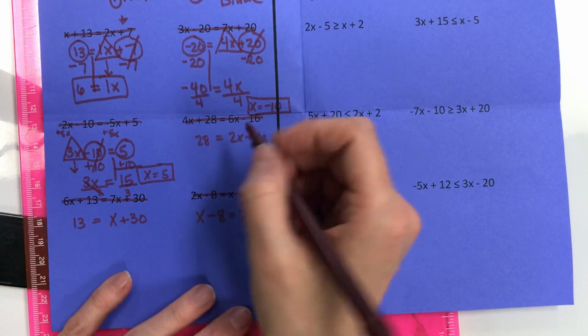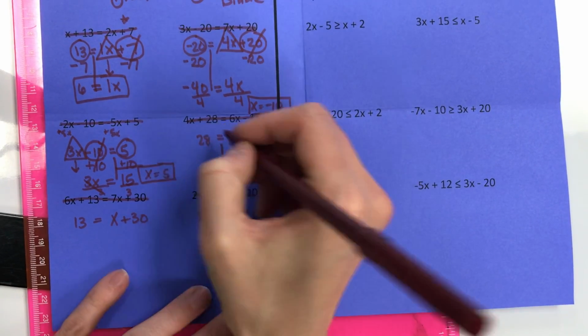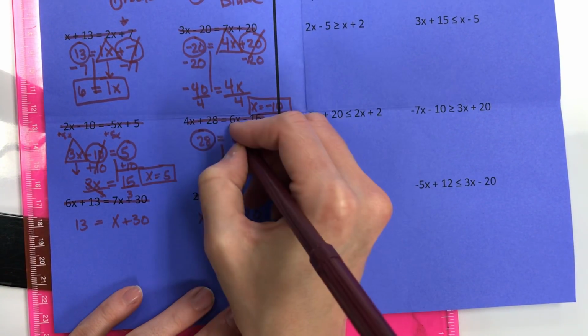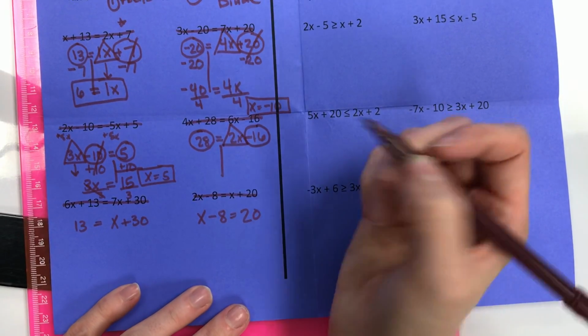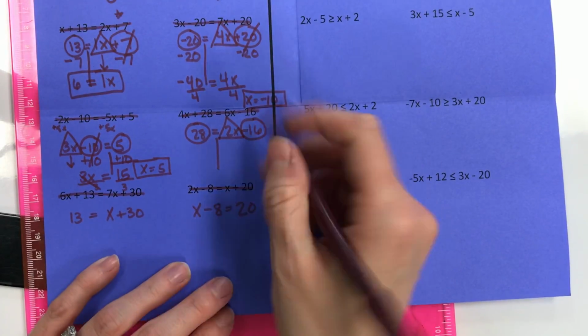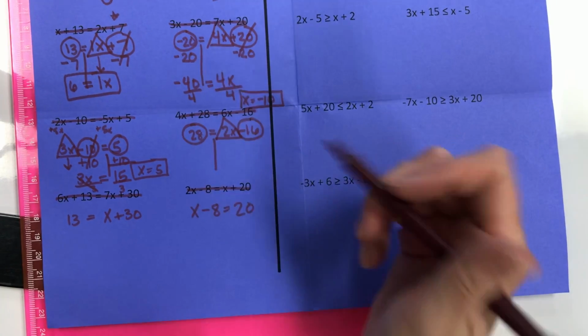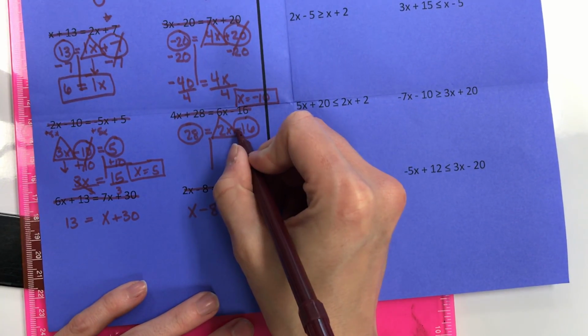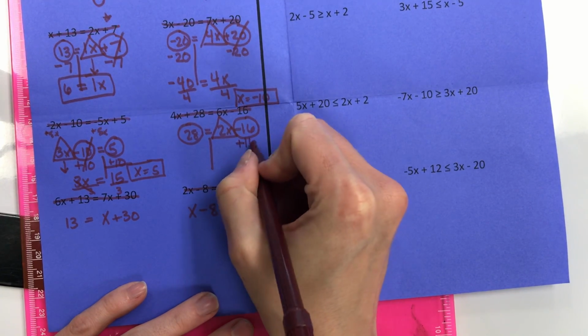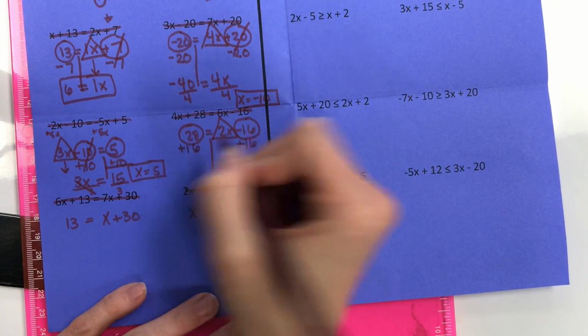Okay, and then next one, same thing. Split it at the equal sign. Got a circle, variable, circle. So circle, triangle, circle. Starting on the side with more. And I can only get rid of my circle, my number. So minus 16. The opposite would be plus 16.